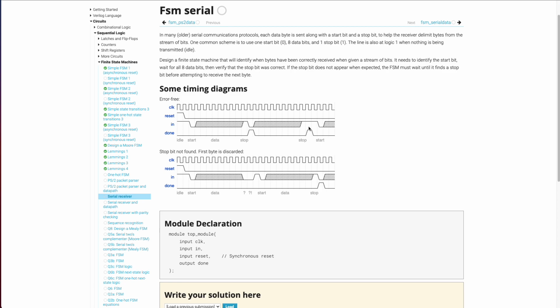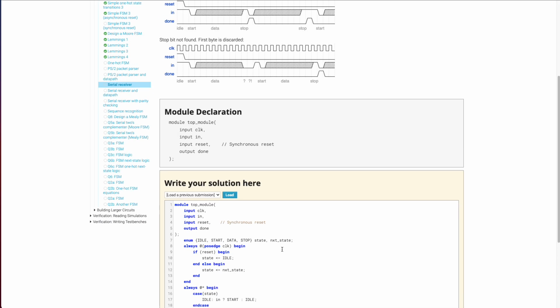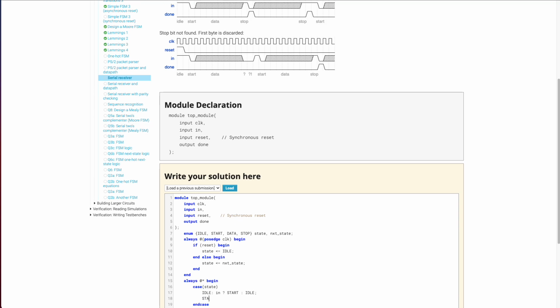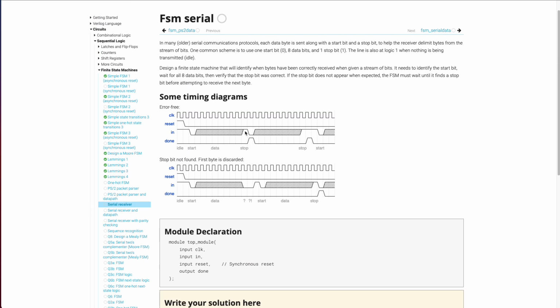So I have a one, I transition next state to start, and then only if I detect a 0. So this is start, and next state start, and then if it's 0, then I go to data phase, right? So next state start, next state start, next state start, next state data.